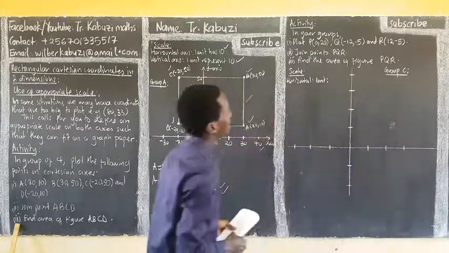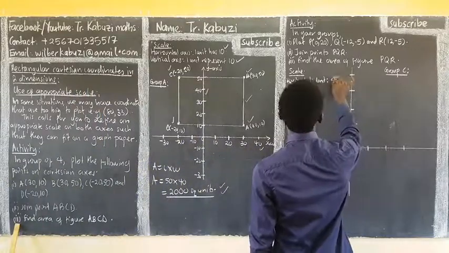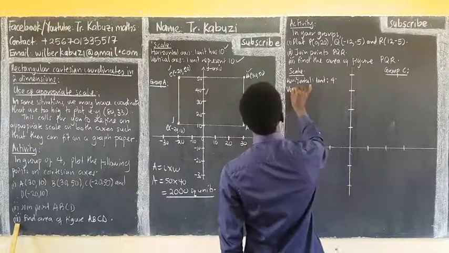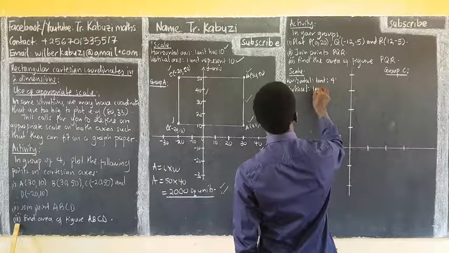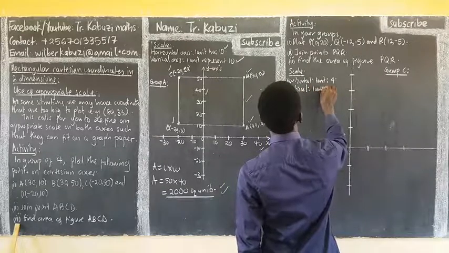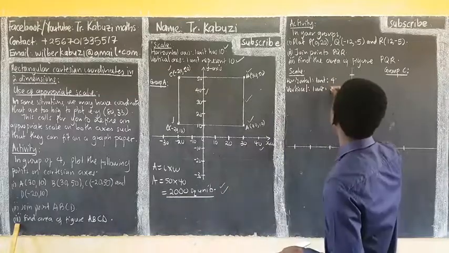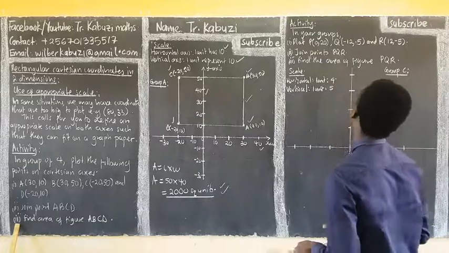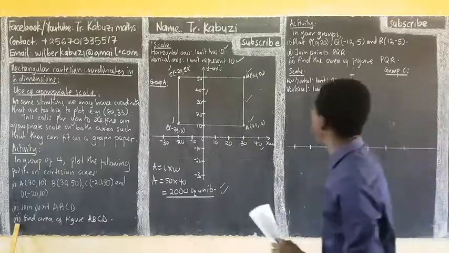So these ones, they are saying 1 unit is representing a 4. Then the vertical, they are saying 1 unit is representing, here they are having 5. So you see that now the scales are different based on the 2 axes.